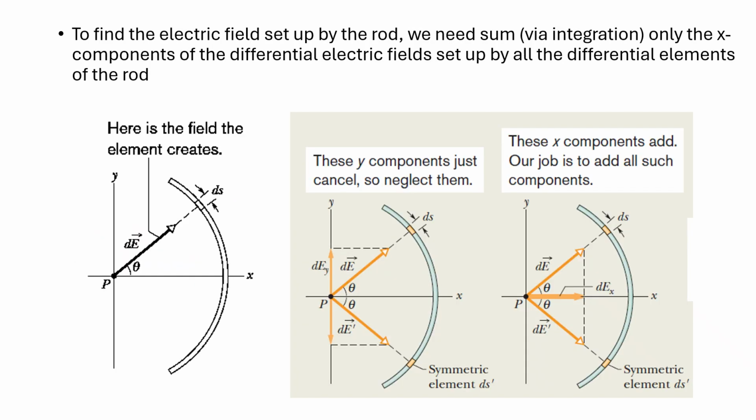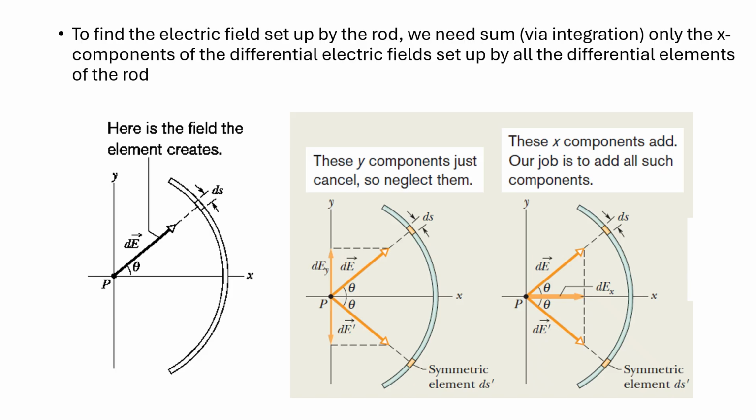To find the electric field set up by the rod, we need to sum only the x component of the differential electric field set up by all differential elements. So we just care about the electric field along the x-axis. Because as you can see, the differential electric field along the y-axis will cancel out with each other.